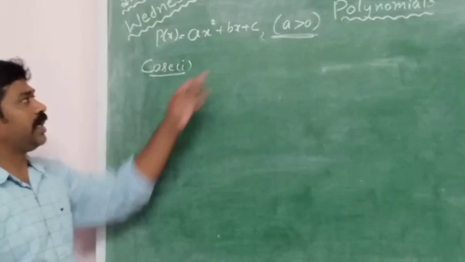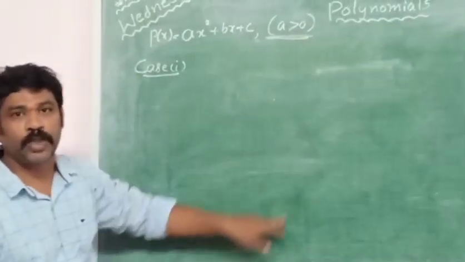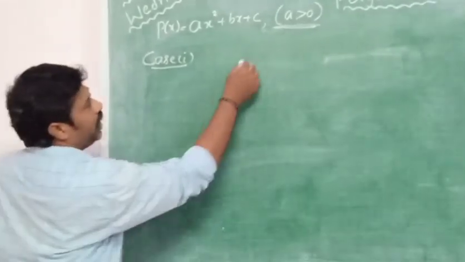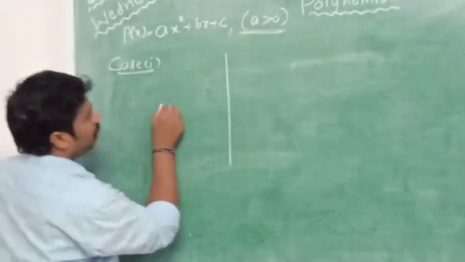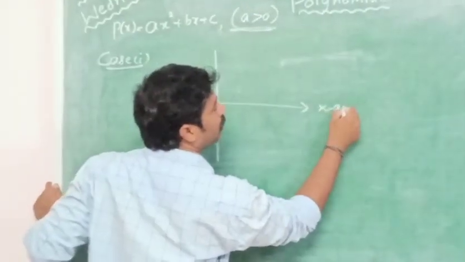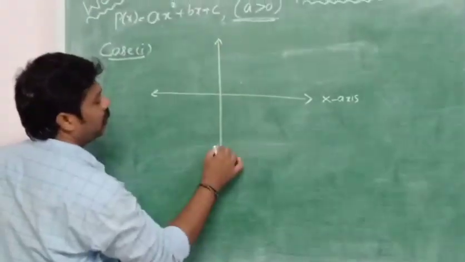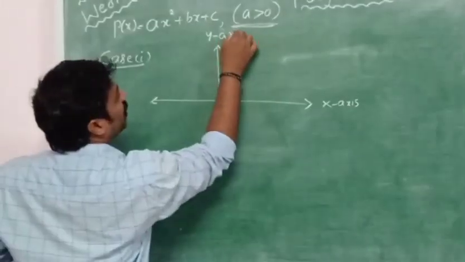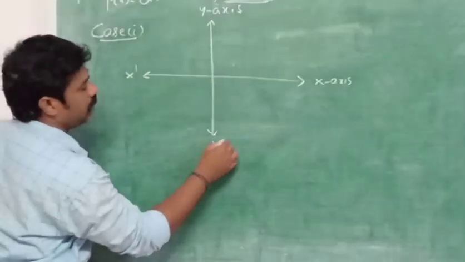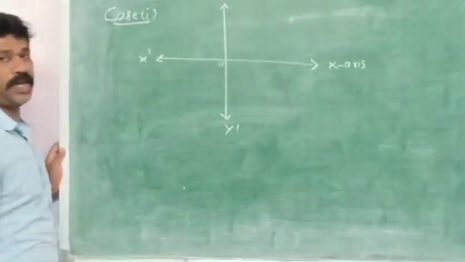So if a is greater than 0, then we have three possibilities of getting the graph. Let this be the y-axis and this the x-axis, this is the negative x-axis, this is the negative y-axis, and let this be the origin.